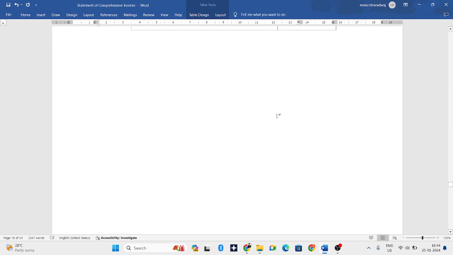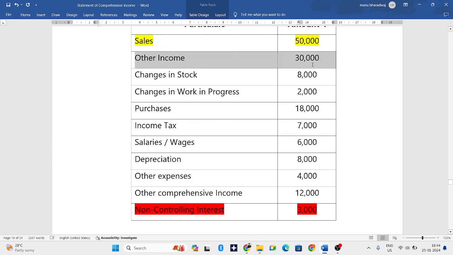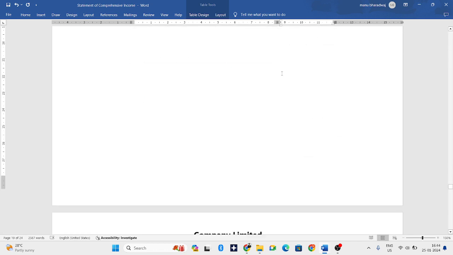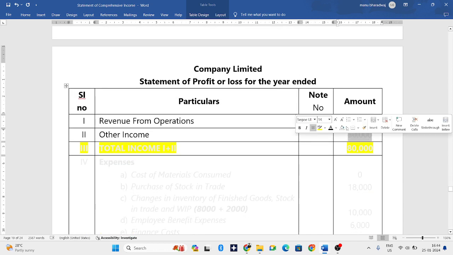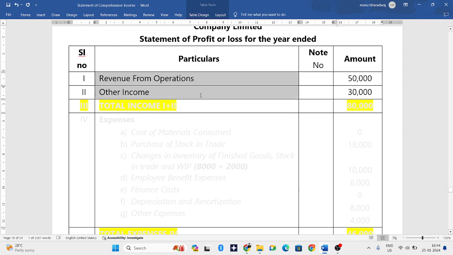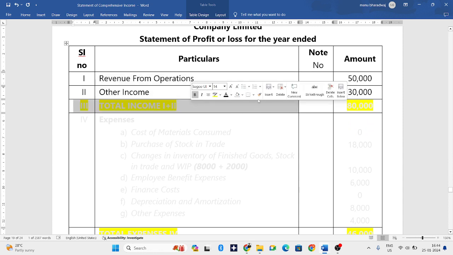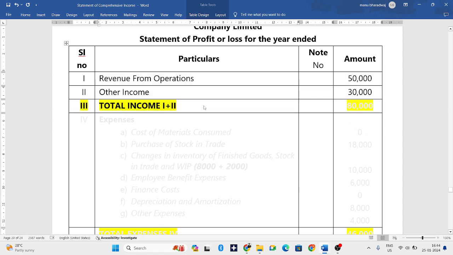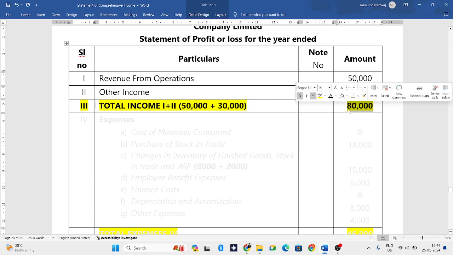They have given other income 30,000. When you add these two, revenue from operations plus other income, you will get total income. So 50,000 plus 30,000 other income gives us 80,000 rupees.